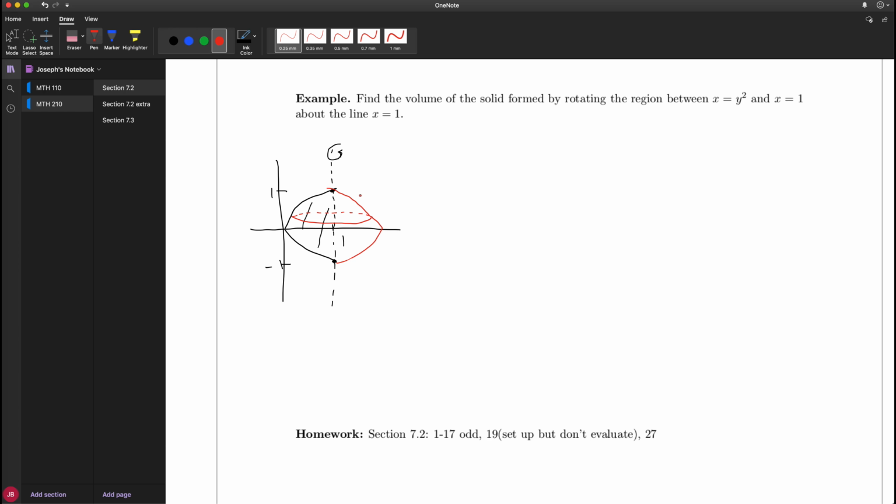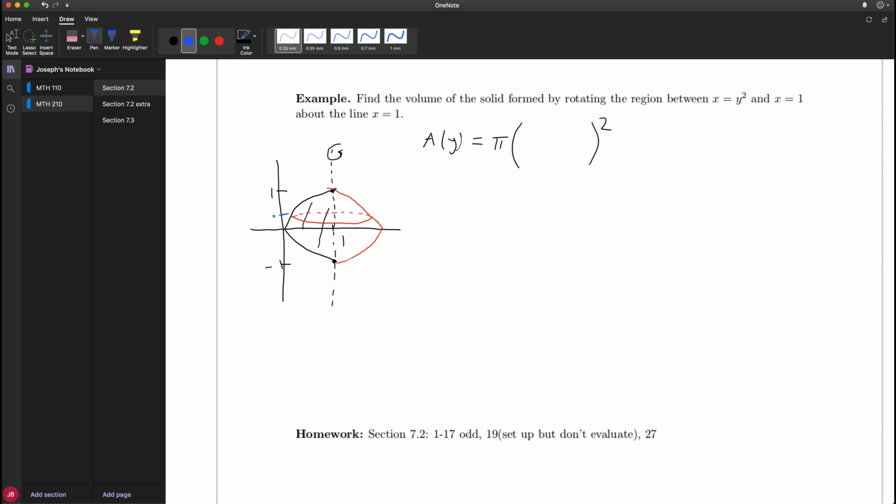So that means that our area function, which now is in terms of y, right? Everything is tipped over on its side, so we're going to be using the y bounds, minus 1 to 1. But it's going to be pi r squared, and using blue, we'll figure out what that r has to be.